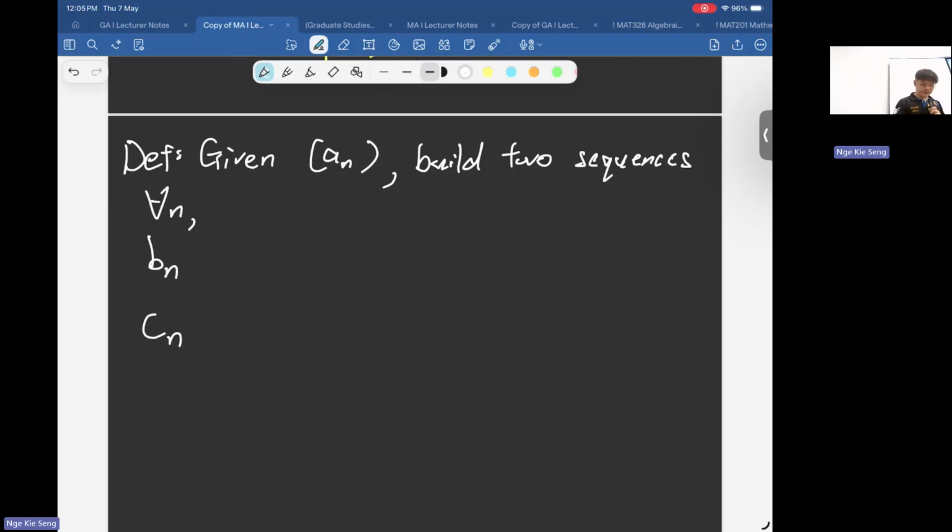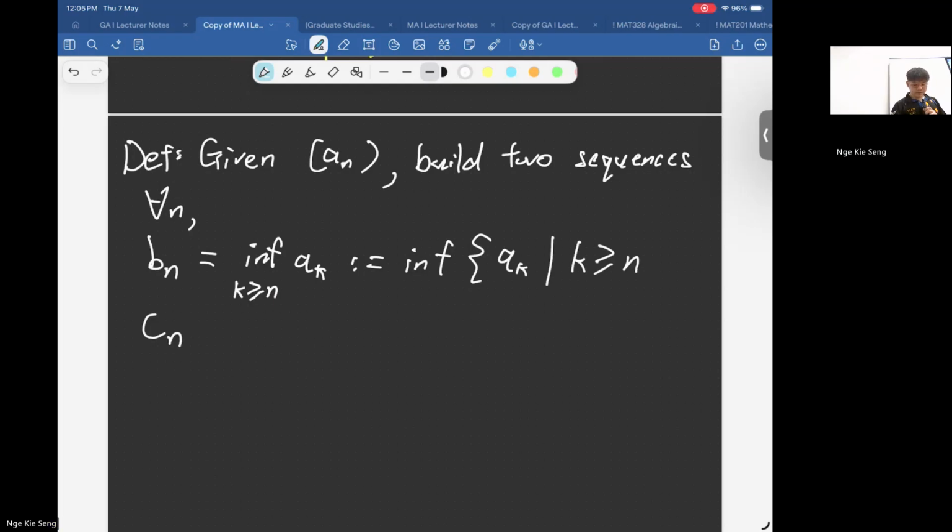So what is Bn here? Bn we'll define using the inf of ak such that k is greater than n. What we mean is you look at the set of ak and then you restrict to those terms where k is greater than n.